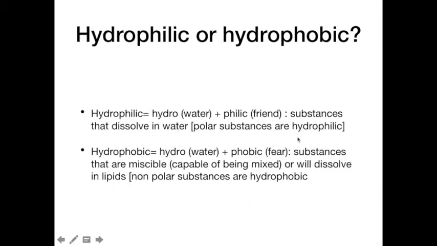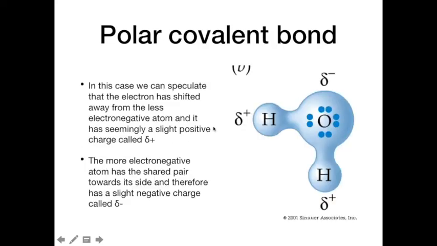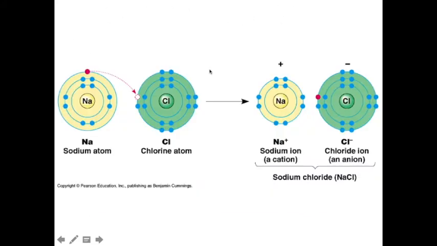Now, which substances are called hydrophilic and which are called hydrophobic? Hydrophilic comes from the words hydro, which means water, and philic, which means friendly in Greek. Of course, these are all Greek words. These are substances that dissolve in the water, and these substances which are hydrophilic are the polar ones. When we say polar substances, what do we mean? We mean the substances which have polar covalent bonds or ionic bonds.